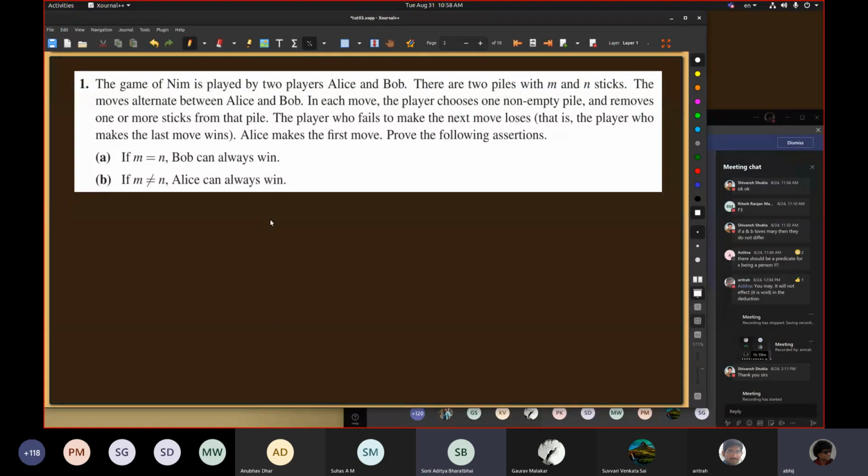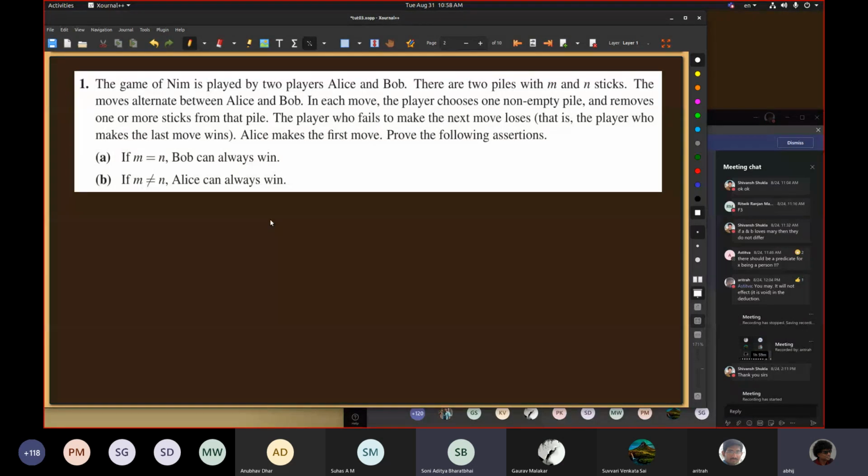Now, for higher values, let us say we start from M sticks in both piles, and in the first move, Alice picks K sticks from one of the piles. Then Bob can pick K sticks from the other pile, so that after each pair of moves we always have M minus K sticks in both of them. Eventually we will reach 1 comma 1, and Alice will have a move. So Bob will always win if M is N.